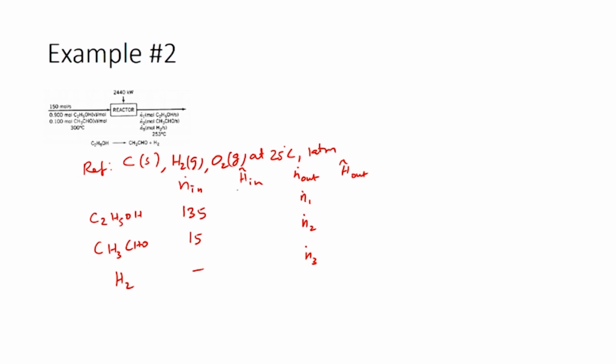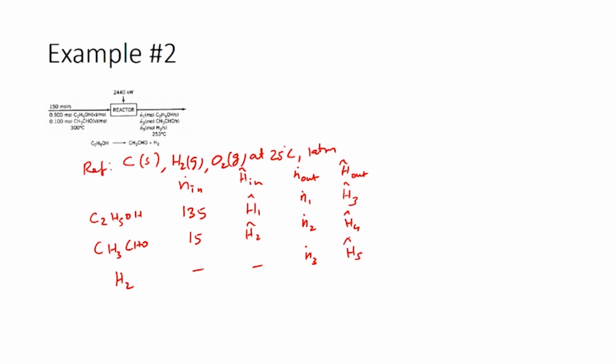We now need to identify the enthalpies for these components. For ethanol you would have an enthalpy which needs to be calculated, we will call that H1 cap, and this would be H2 cap. You do not have to worry about the enthalpy of hydrogen gas for the inlet stream. You would have H3 cap, H4 cap and H5 cap, all of which need to be identified.